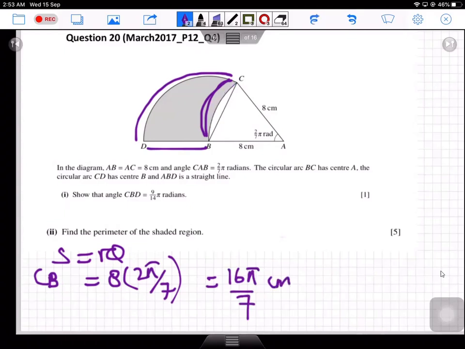Now, talking about this arc length CD, it has a center at point B. This angle we have already found, 9 pi over 14. But right now we don't know this side. We can find this side by using the cosine rule formula.